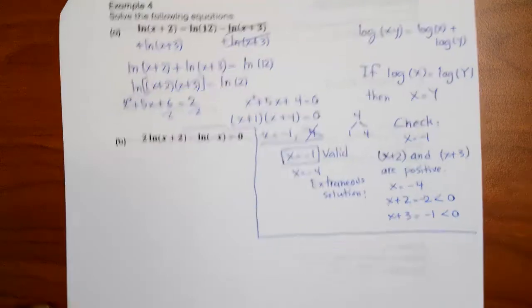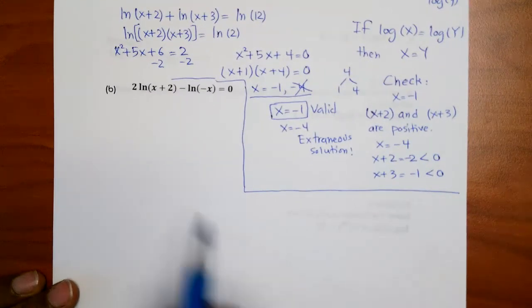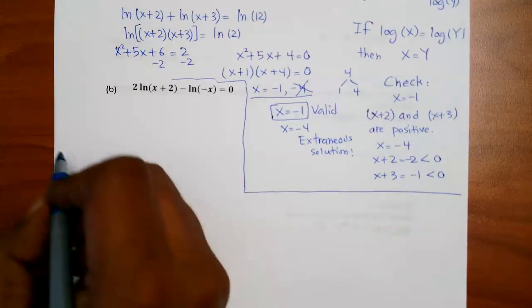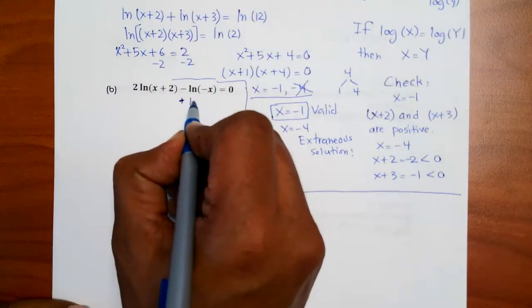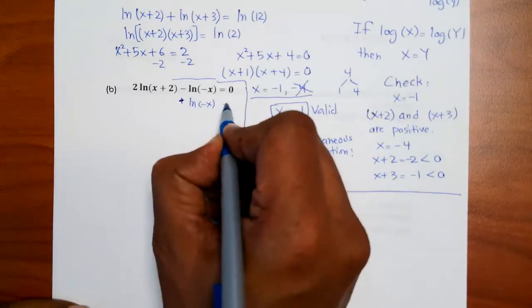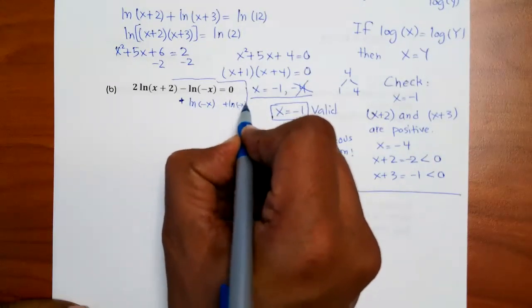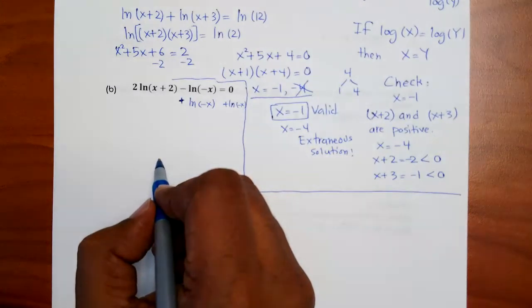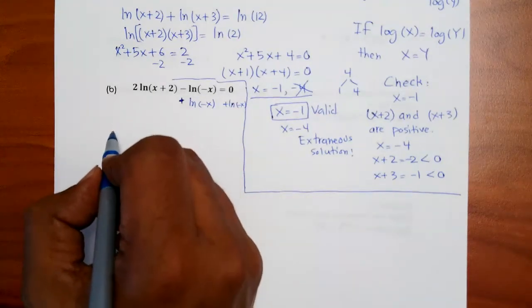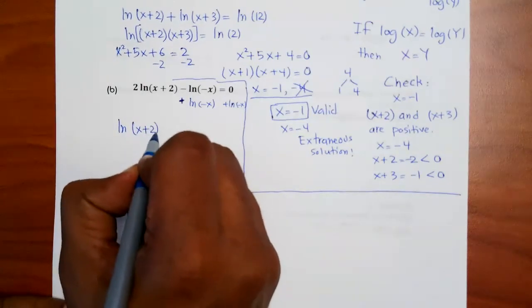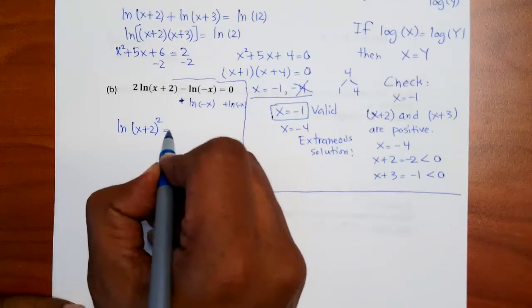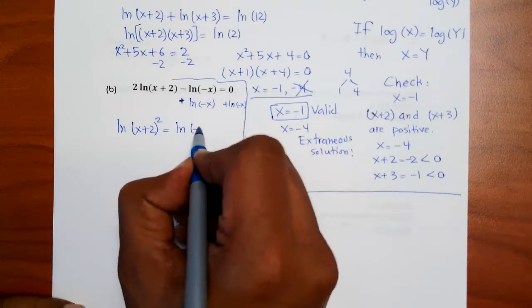Okay, so if I solve it further, I'll take this to the other side. So I will add plus ln(-x) on both sides. Okay, let's do it that way. So if I do that, then I will have ln of (x + 2) squared is equal to ln of -x.